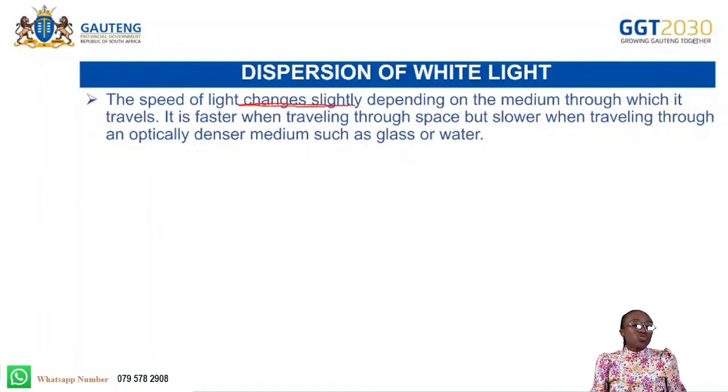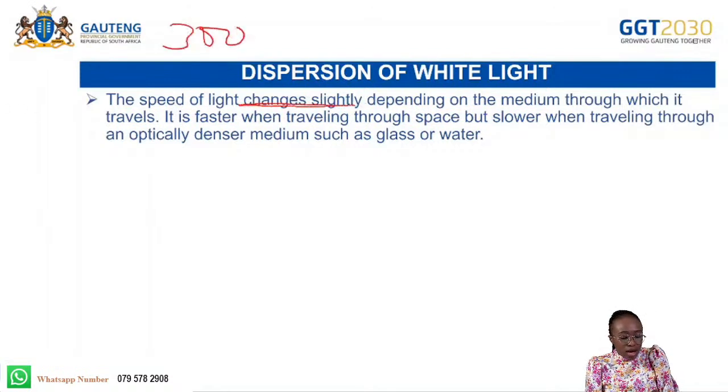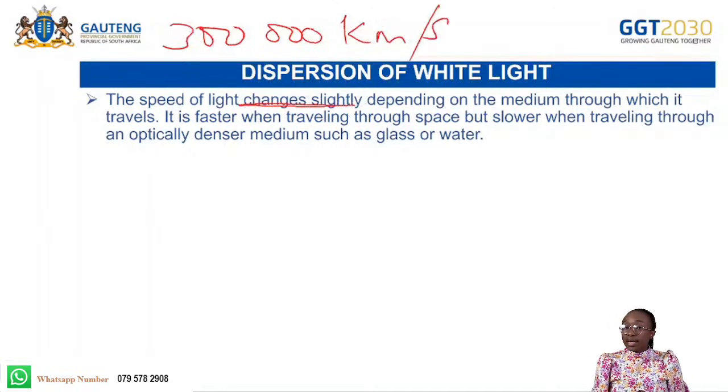So when light is traveling in that, its speed is 300,000 kilometers per second in a vacuum. When light is traveling through a different medium, the speed changes slightly depending on the medium through which it travels.